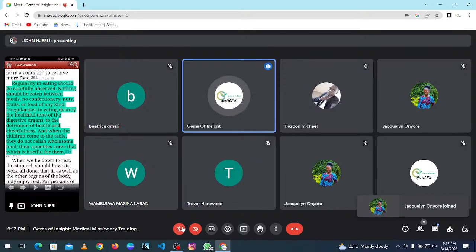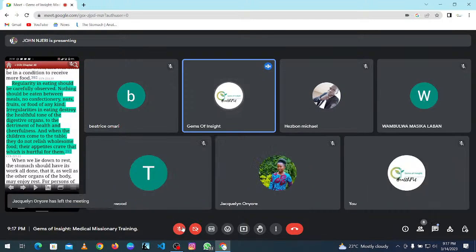Now to answer the question, irregularity in eating. We've learned about the GIT glands, and most of these glands secrete hormones in the presence of food. Every gland has a rhythm on how it should be producing its hormone.